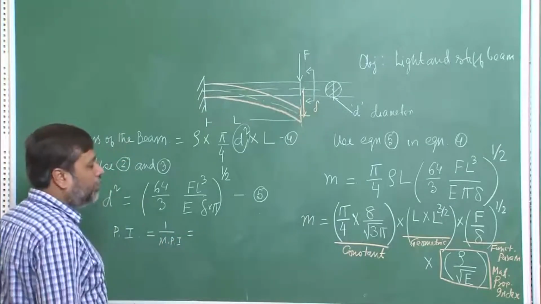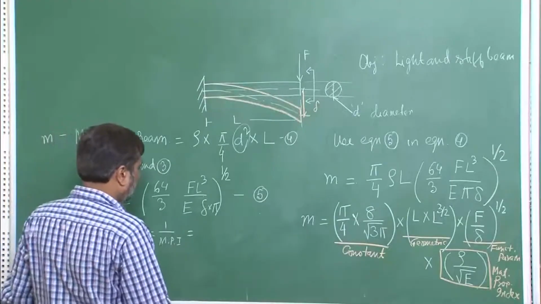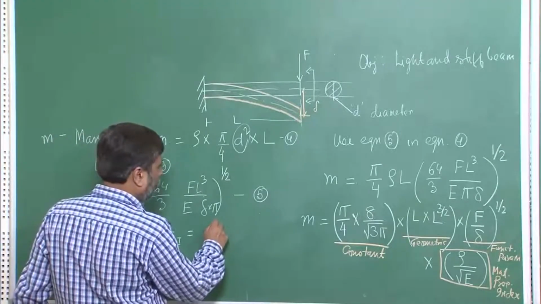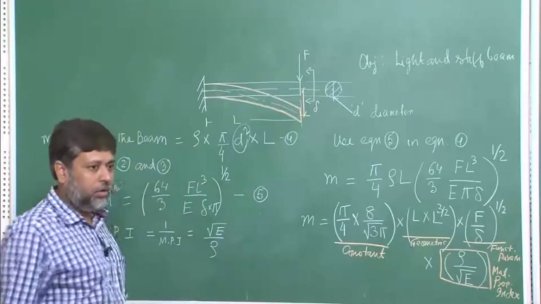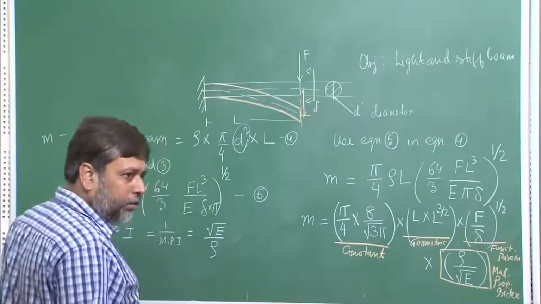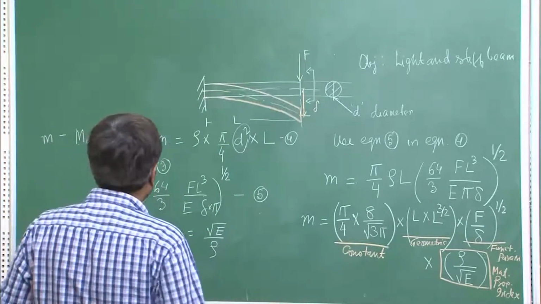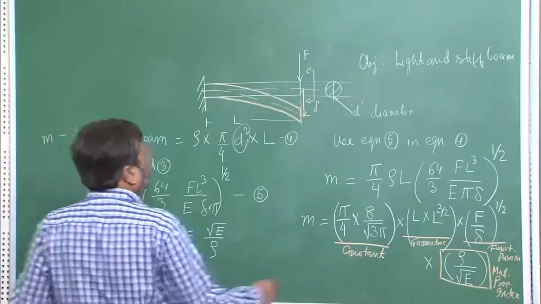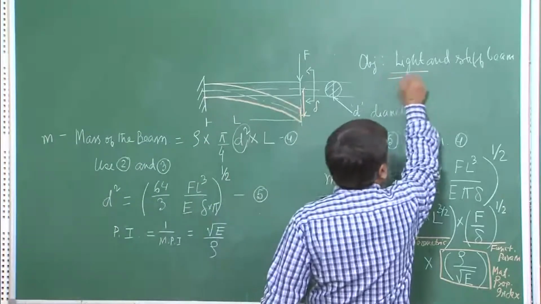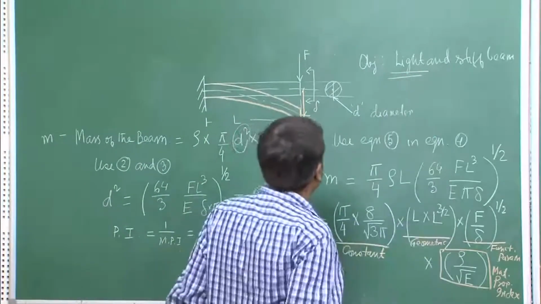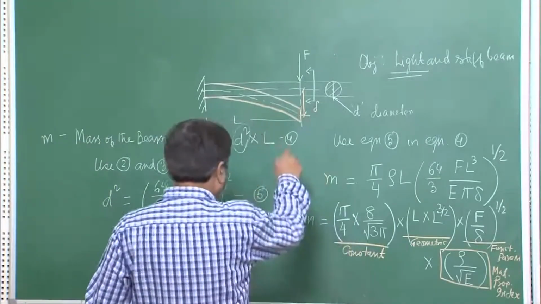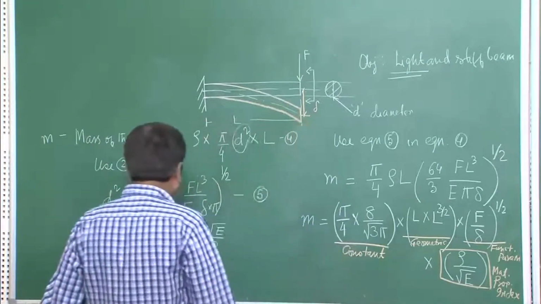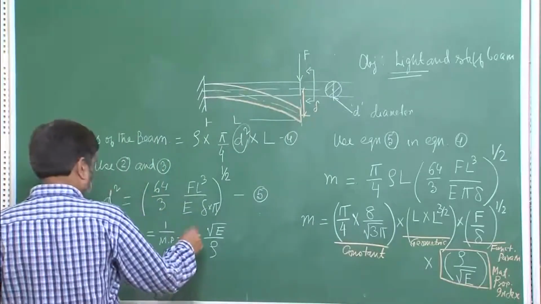If you do that, then it will be square root of E over rho, correct. So, what should be our objective? Our objective is to get a light beam, and the stiffness is such that the deflection delta is satisfied. That is why the E term is already here.